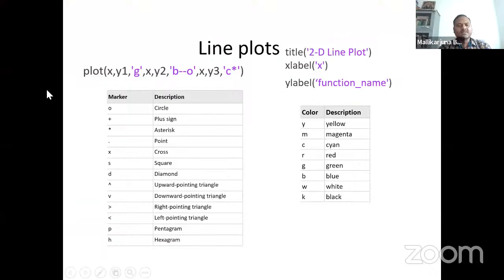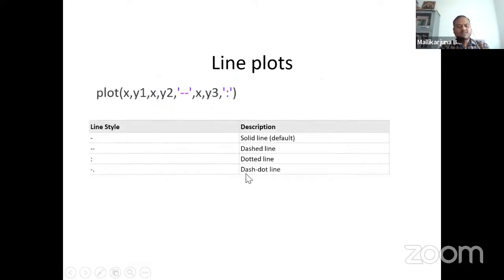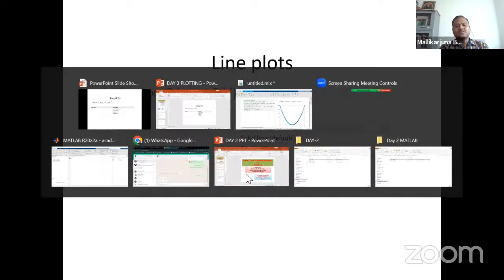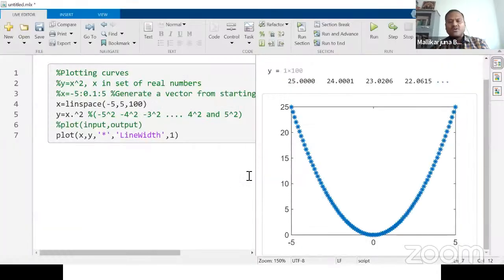And what markers are available: circle, plus, star, dot, cross, square, diamond symbol. These are all called markers. And these are different colors which are available in MATLAB software. I will forward this after the completion of the session, but you no need to worry. You just keep changing all these things and get to know how you will get these.